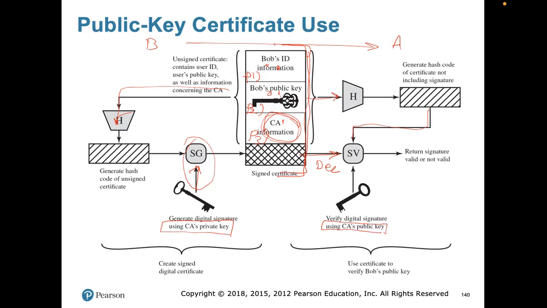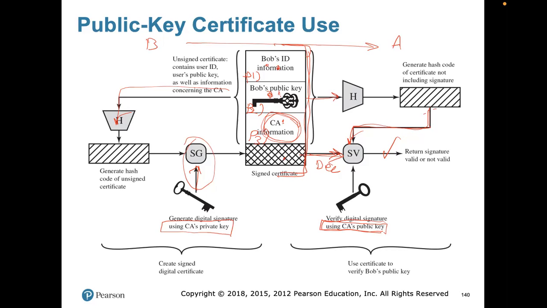The CA is someone that everybody trusts, so everybody has the public key of the CA, and everybody can trust it as well. Alice uses the CA's public key to decrypt the hashed portion and compares it against the hash she generated herself. If these two match, it means the signature is okay. This is really Bob's public key. Nothing has changed, and everything is okay.